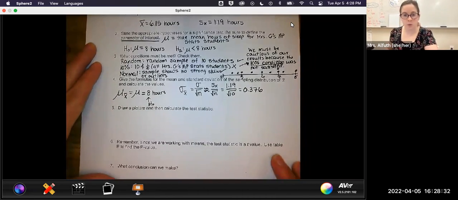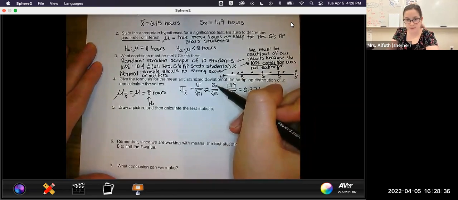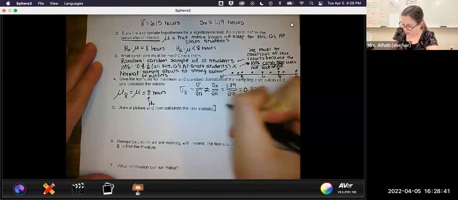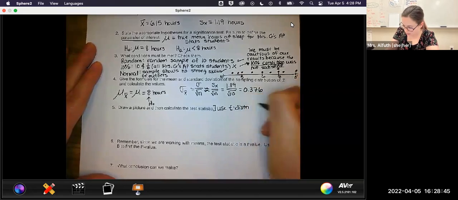So because we are not using the standard deviation, we're using the standard error, we are going to use the t distribution, which is what's new here.